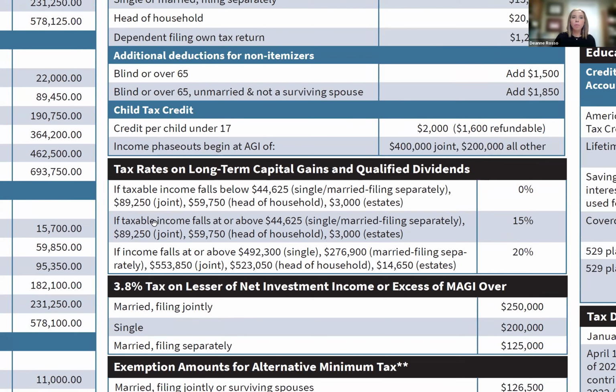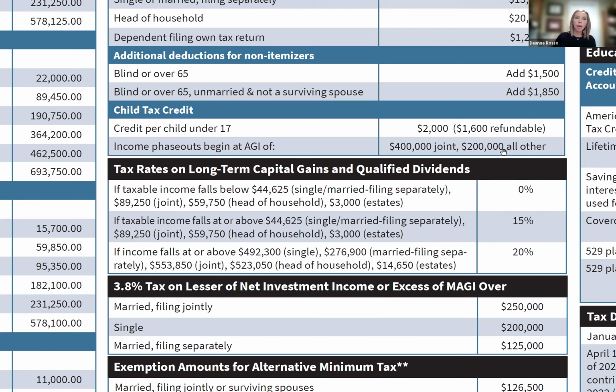If your taxable income, married filing jointly, is $89,250 or below, then you pay no tax on long-term capital gains and qualified dividends. So that can be a nice strategy to try and keep your income lower from qualified sources like IRAs, 401ks, et cetera, in order to take some capital gains and qualified dividends and pay no tax.